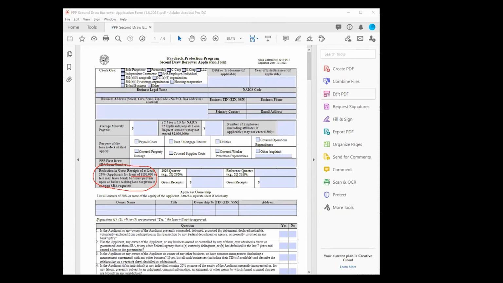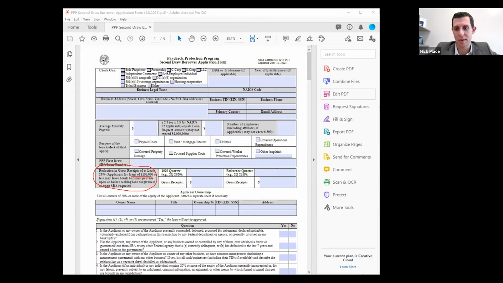I would suspect if you had 0 for income in second quarter of 2020, it should be pretty easy to qualify for a 25% reduction. Even if you had $1 worth of revenue in the first quarter of 2019 or second, you'd qualify as a percentage. So for those that had 0 income in a quarter, it's pretty easy to document you had a 25% reduction.